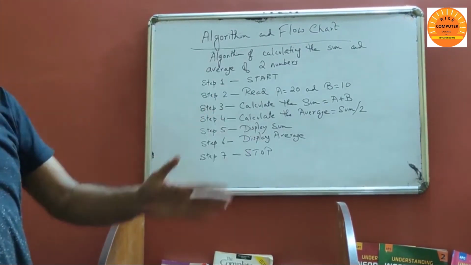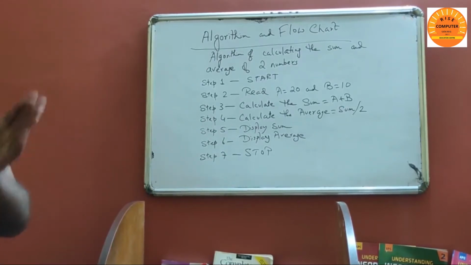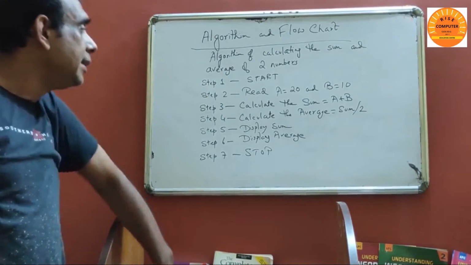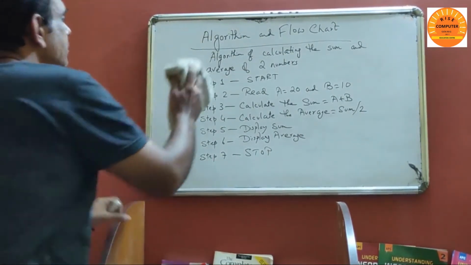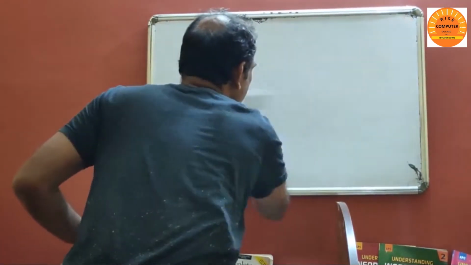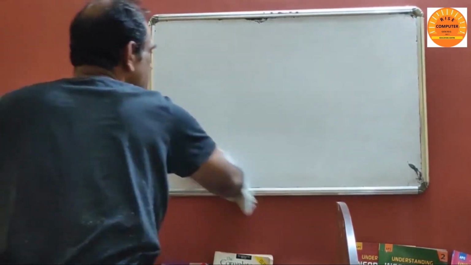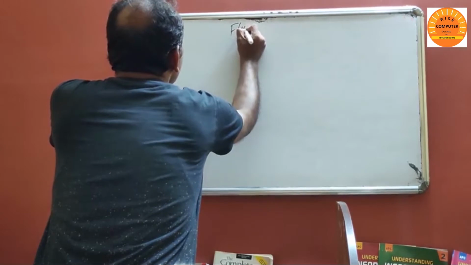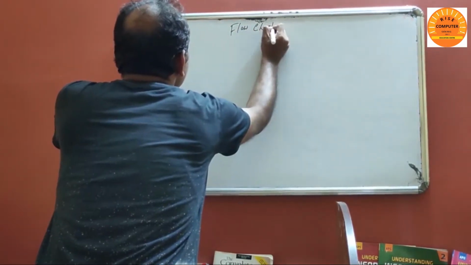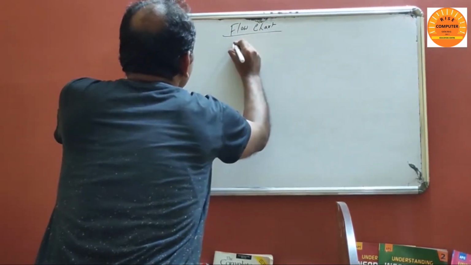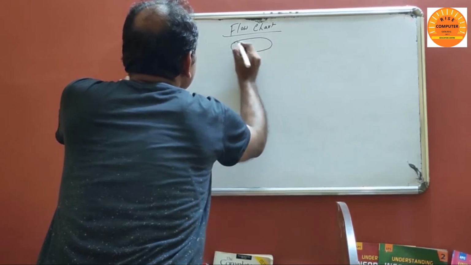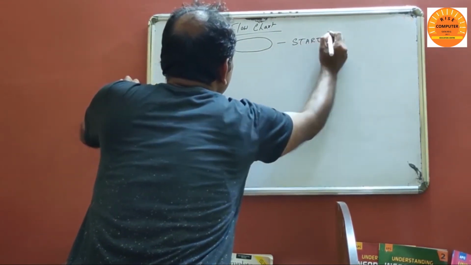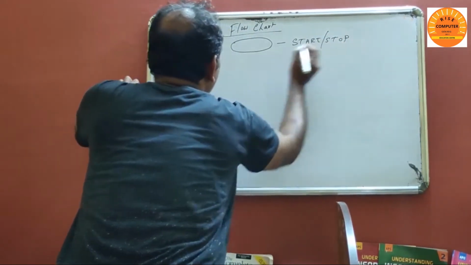For flowchart, first you have to learn about the different symbols which are used in the flowchart. Now the symbols are: start and stop.